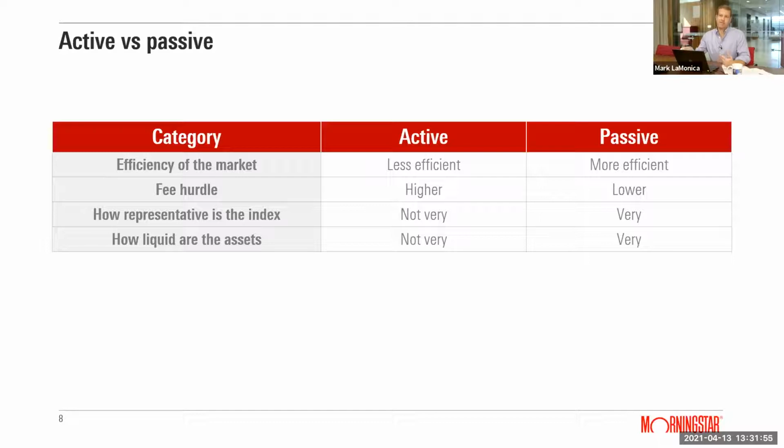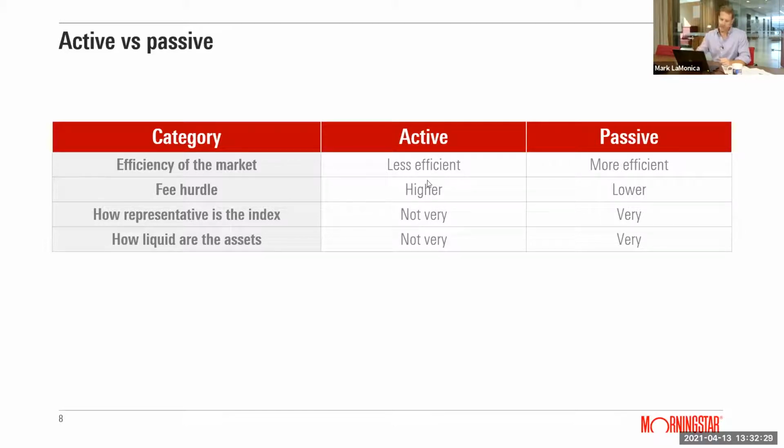If it's completely representative, then the fund manager's universe and the index are the exact same thing. In cases like fixed interest, there are so many different types of bonds and so many off-the-run bonds, all these bonds trading on the secondary market, that the index does not reflect all the choice that's available to a fund manager. That's a case where a smart and good fund manager can outperform.